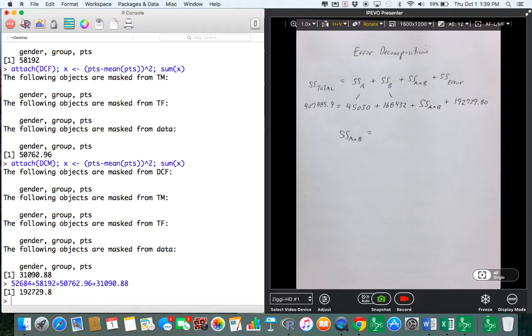let's see, 407,985.9 minus 45,030 minus 168,432 plus 192,729.8. So, guys, sum of squares for the interaction is, it doesn't seem right.